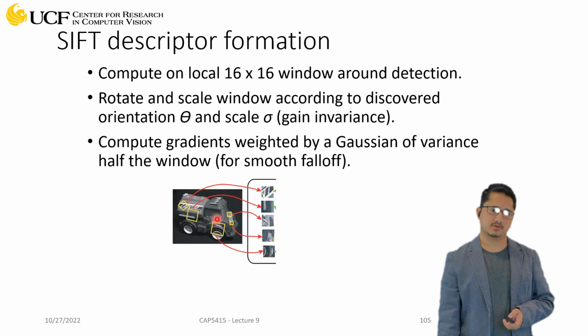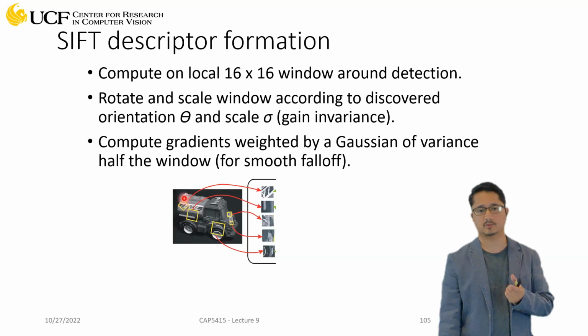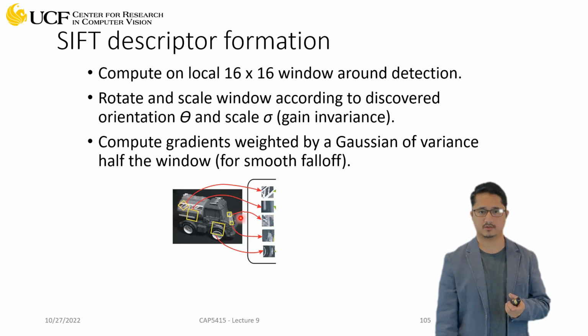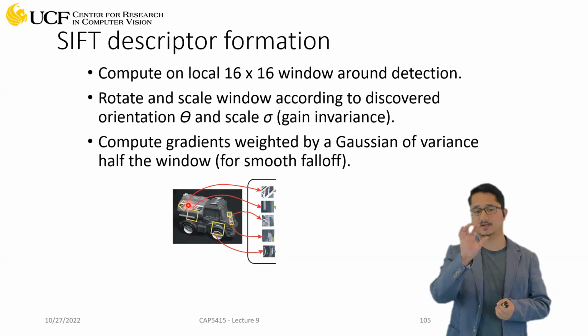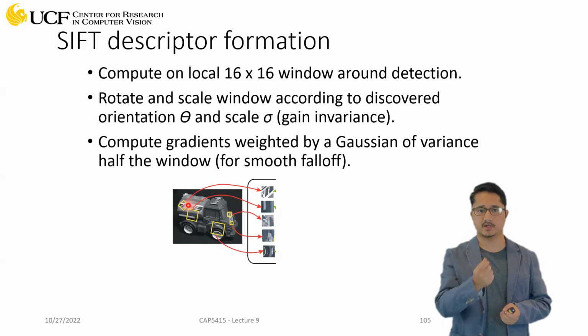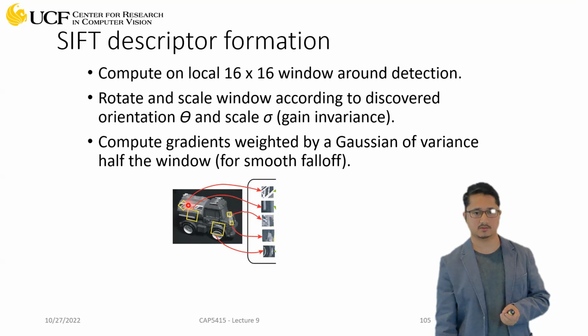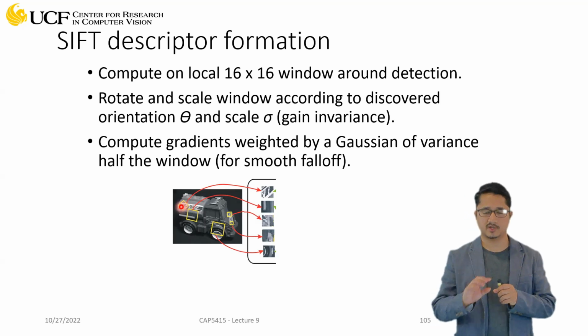Okay, so this is the step which is shown here. Each of these bounding boxes is showing you a keypoint, and the size of that bounding box is the scale. So if the bounding box is smaller, the scale was smaller. For example, this is pretty small here, right? And the orientation you have is the orientation which is dominant at that pixel location. Now what you will do is adjust or normalize the orientation.